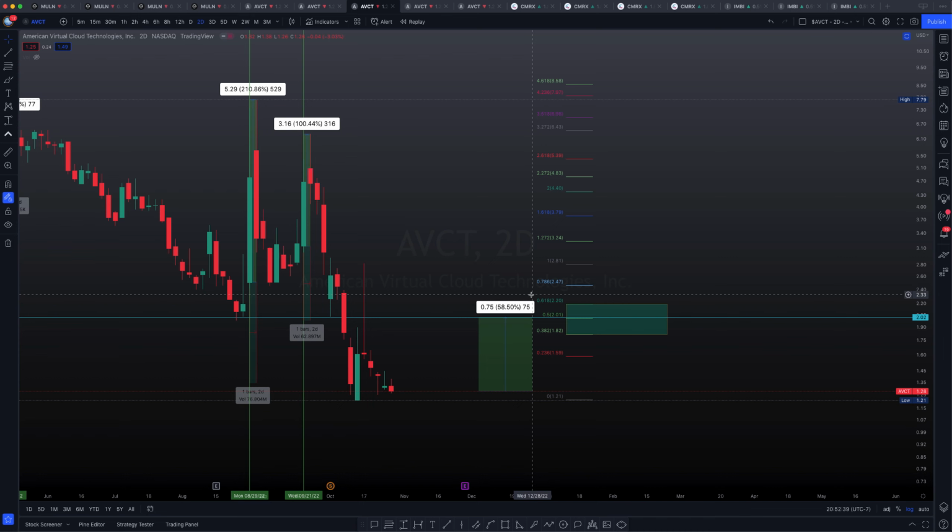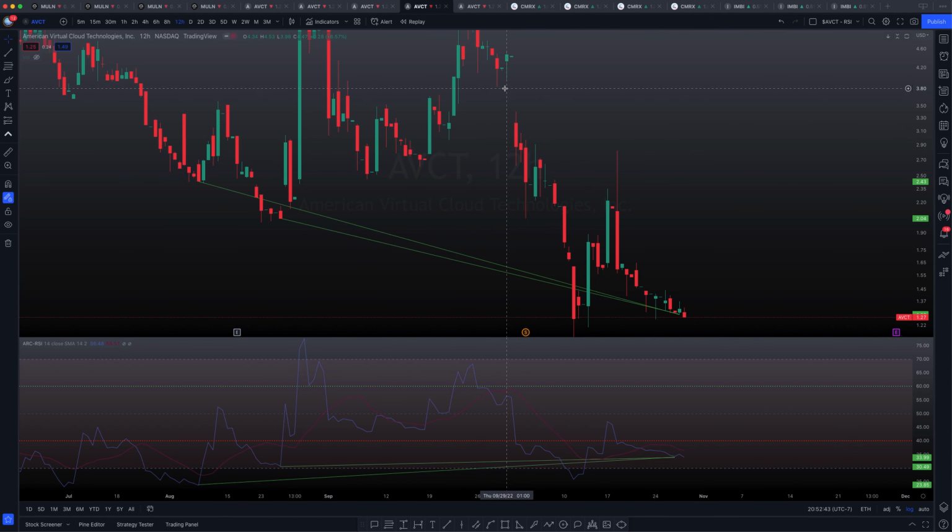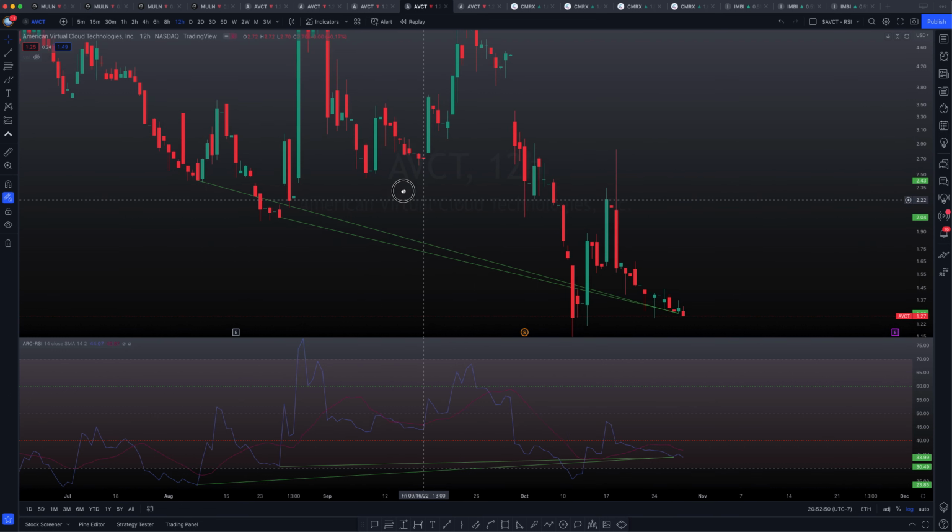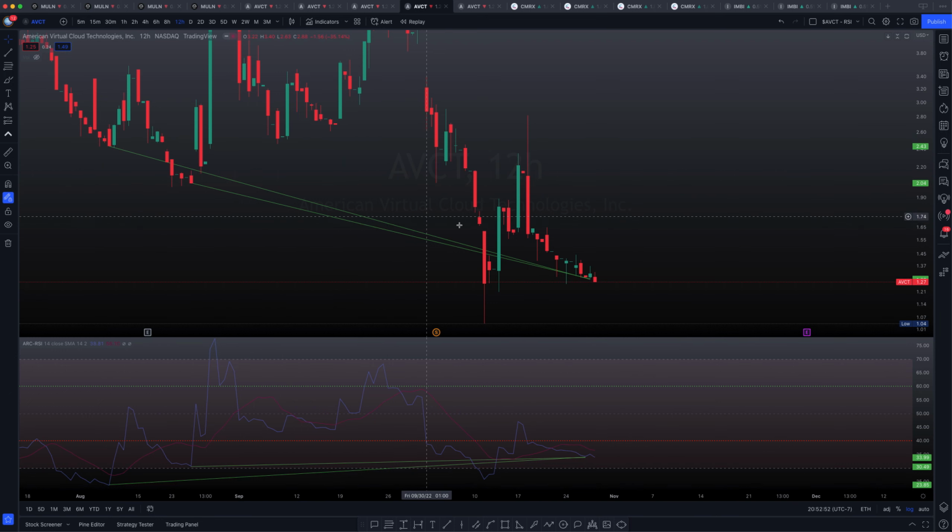Okay, so now that we have this covered, let's go ahead and look at our RSI. So this is the 12-hour RSI that we're looking at here, you guys. I see two phantom drives of bullish divergence, and these could potentially start realizing soonish.